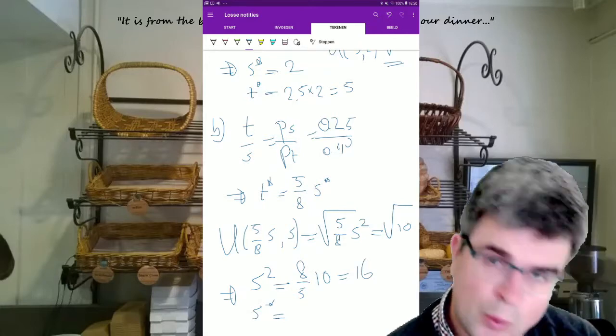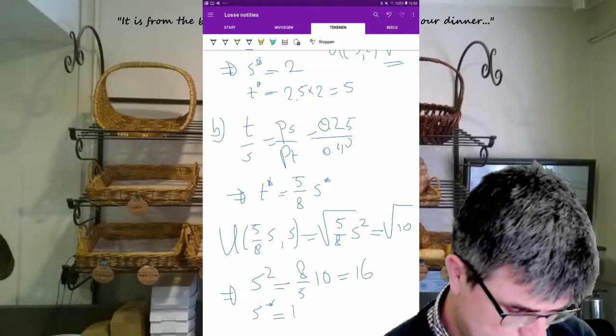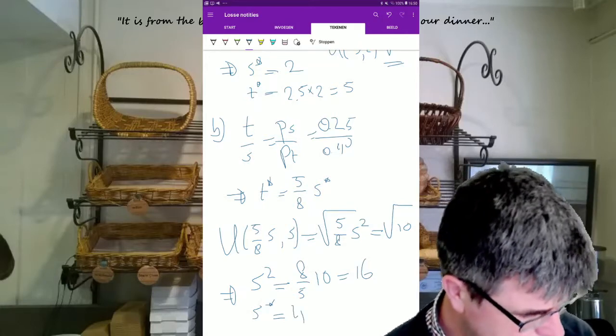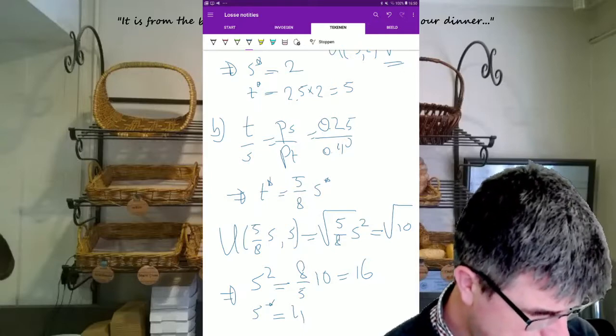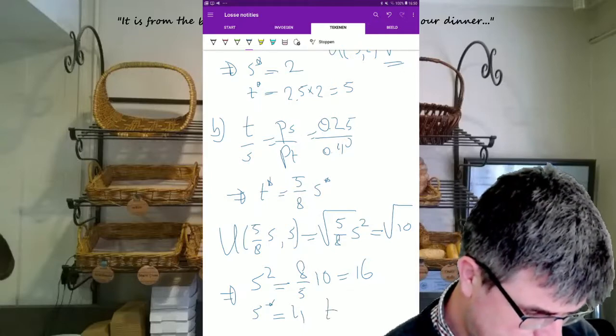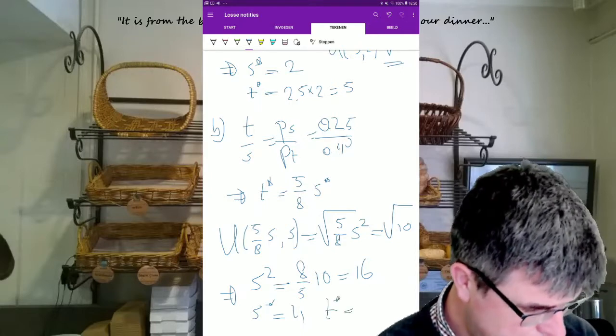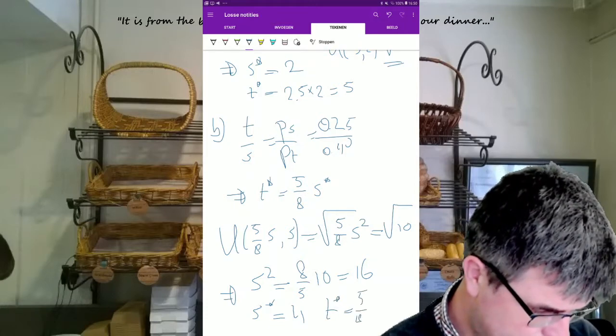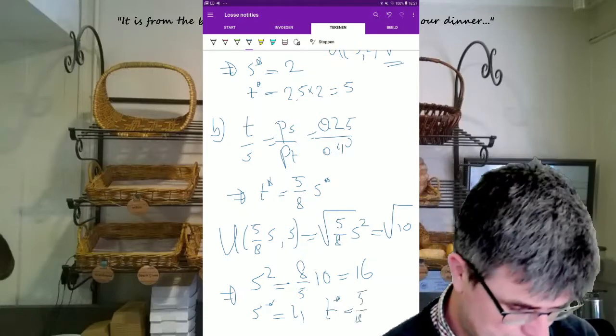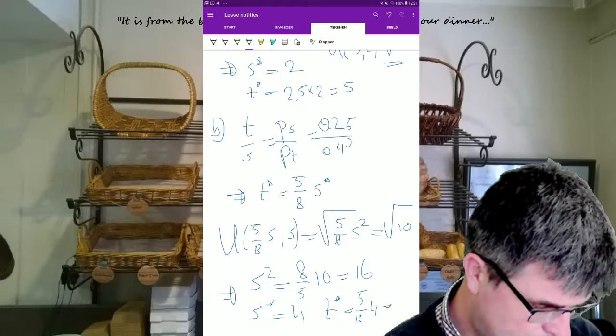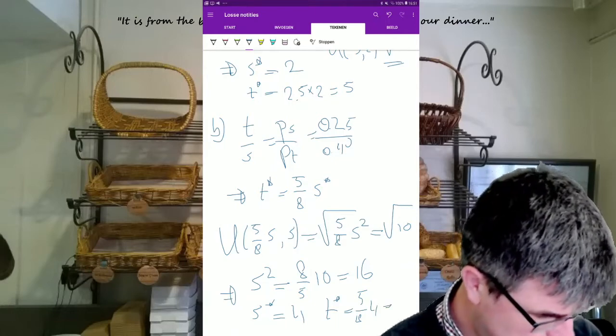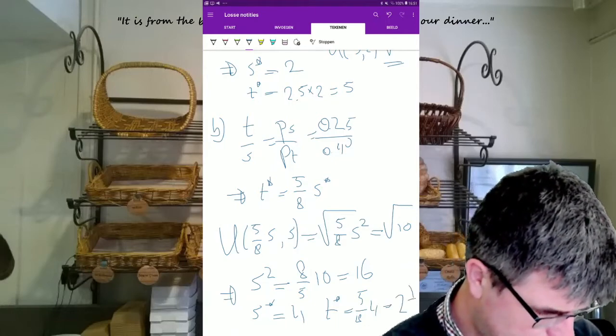So the equilibrium quantity of soda consumed is equal to 4. And in the new situation, the equilibrium number of Twinkies is 5/8 times the number of sodas, which is equal to 5/8 times 4, so it's equal to 2.5.